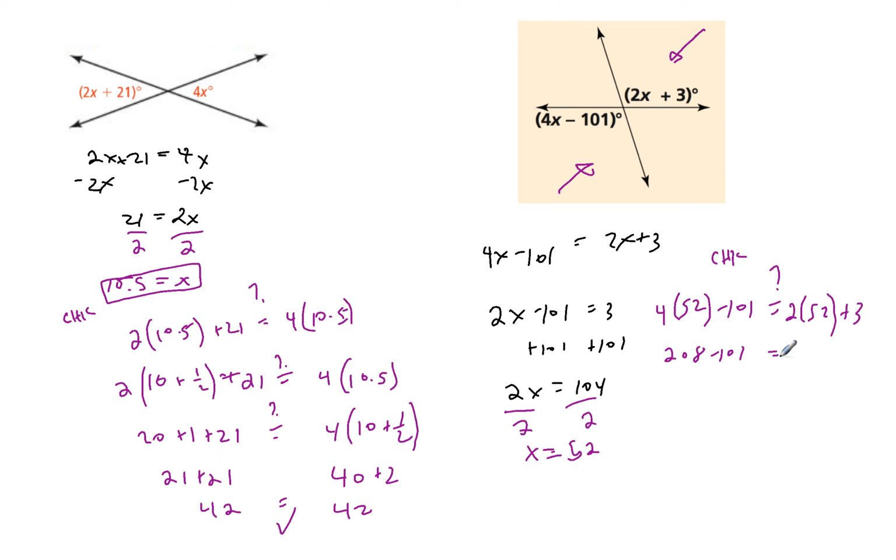Is this equal to 2 times 52, which is 104, plus 3? 208 minus 101 is equal to 107, and 104 plus 3 is also equal to 107, so my check worked. Therefore, 52 is our answer.